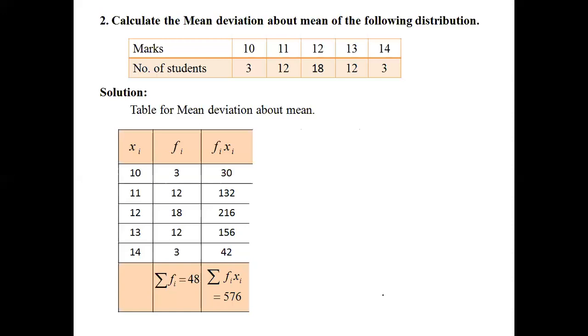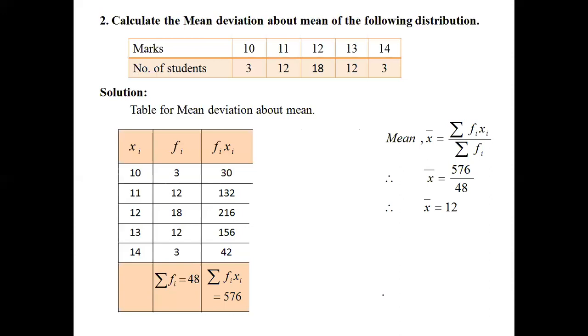Now we have to find out the mean. The mean x bar is equal to summation of fi into xi upon summation of fi. Just substitute the values. Then we get 576 upon 48. Simplifying, we get the mean x bar is equal to 12.